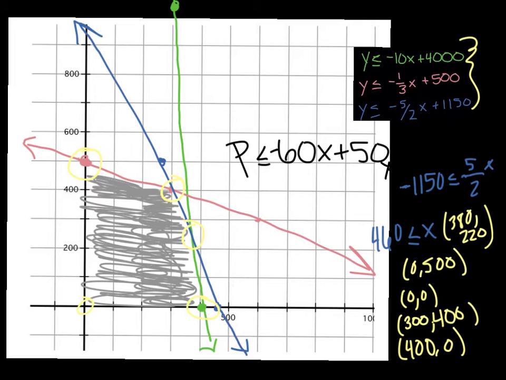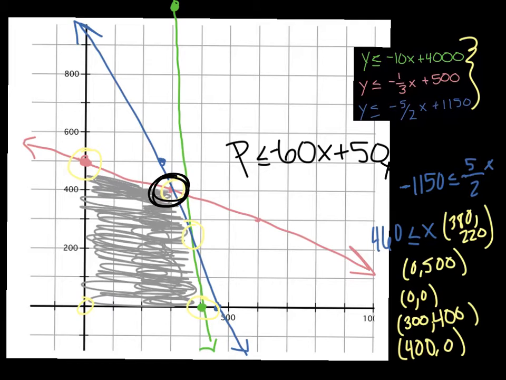If you plug each of those ordered pairs in, you could see which one gives you the most profit. And I did do that. And I also know that the point that's going to be the farthest to the right and the highest up, averaged out, is going to be the one that's going to give you the highest profit. So your highest profit is going to be here.